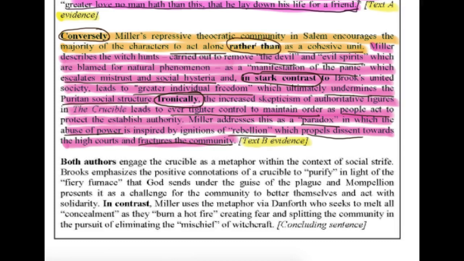So again, just to recap, we introduce the topic sentence, we give text A evidence, we give text B evidence. Within the text A and text B evidence, the first thing we do is make a statement of how the author is achieving whatever it is we've identified as the topic sentence, and then we give the evidence in pink from that with embedded quotes to support the statement and thus the topic sentence, and the topic sentence thus proves the prompt.